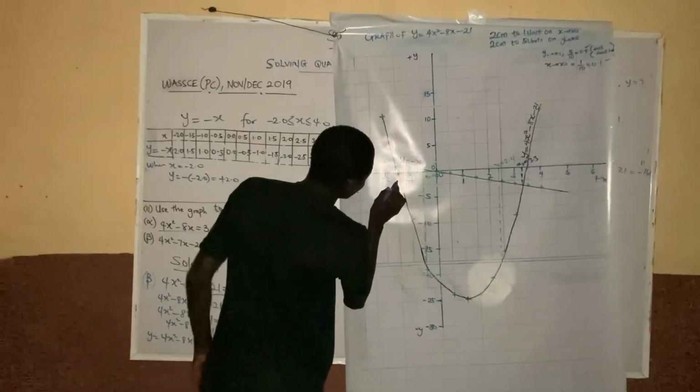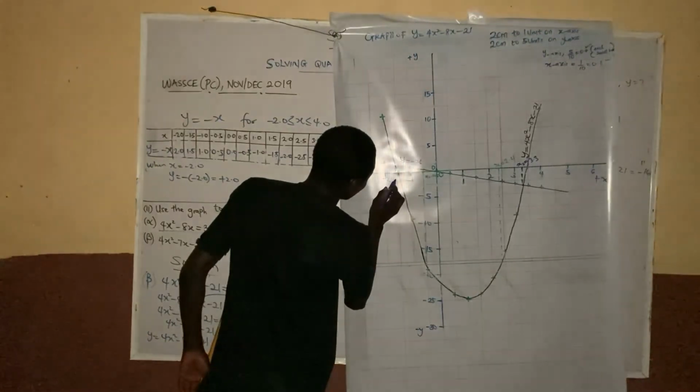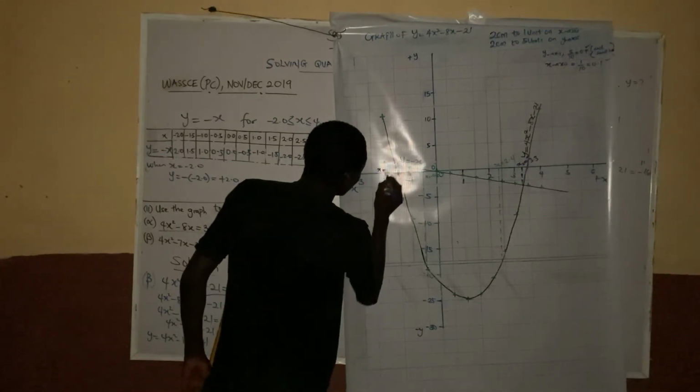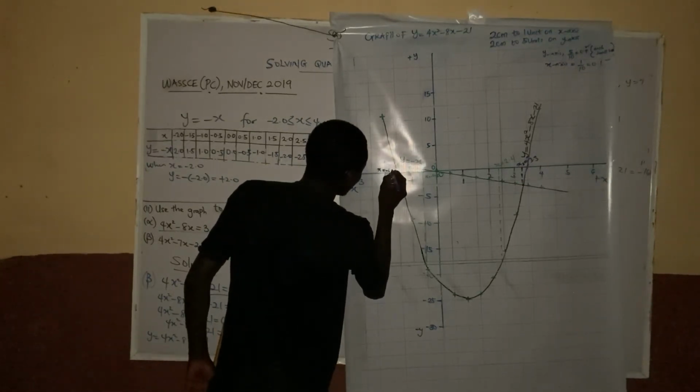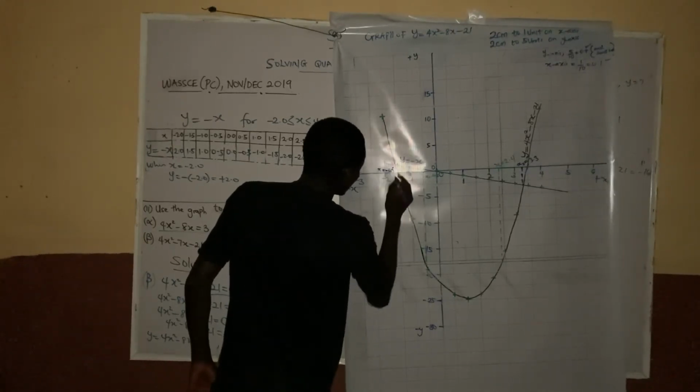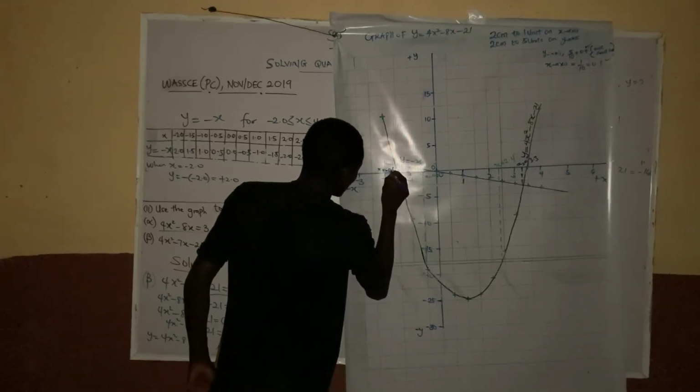And this one is close to minus 0.6. So this x equals minus 0.6. So that's the final answer.